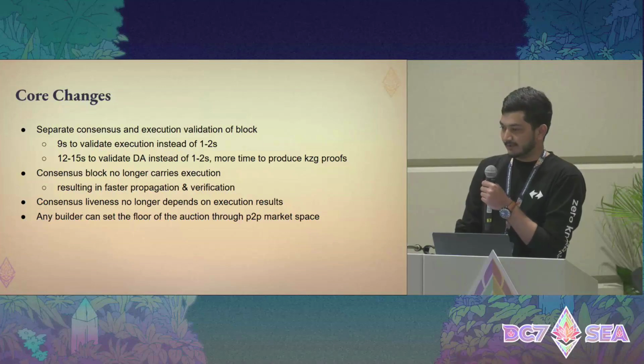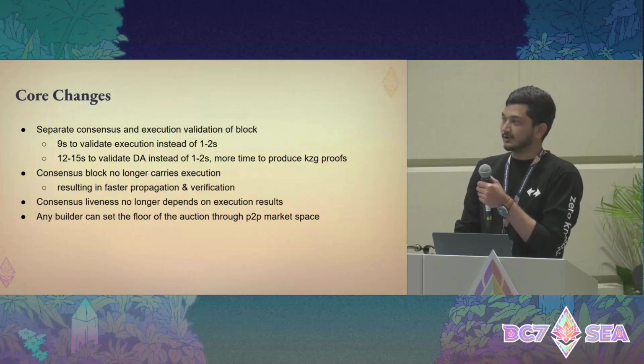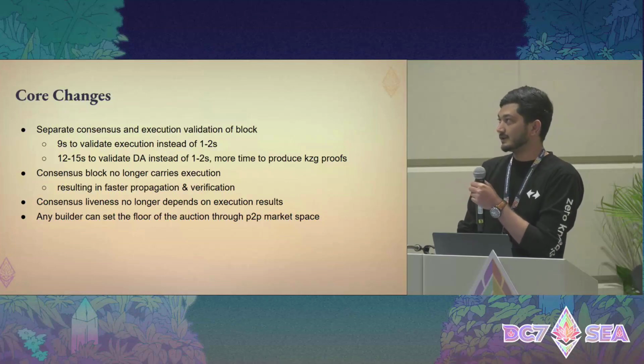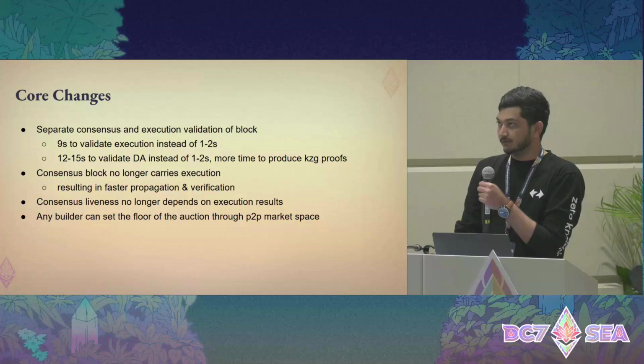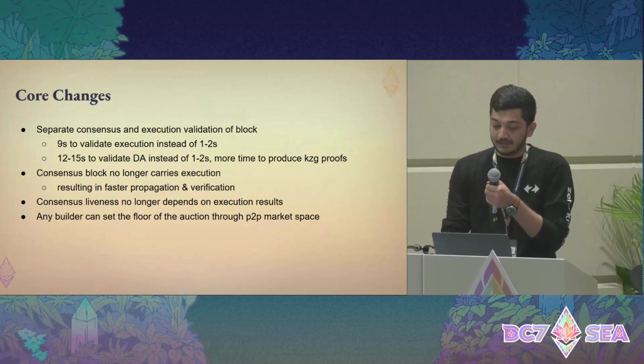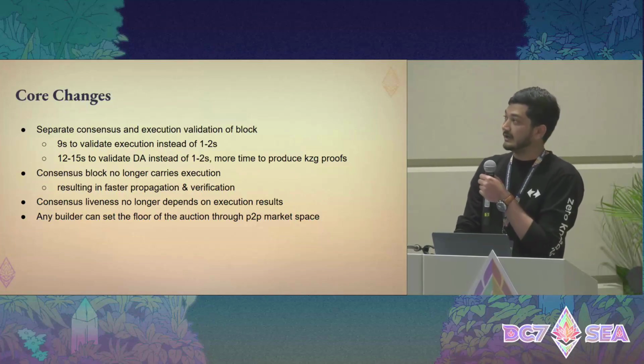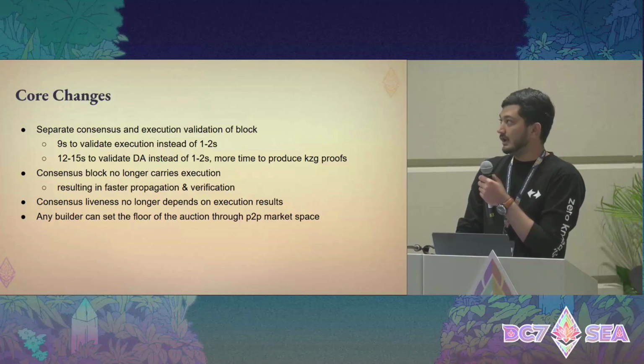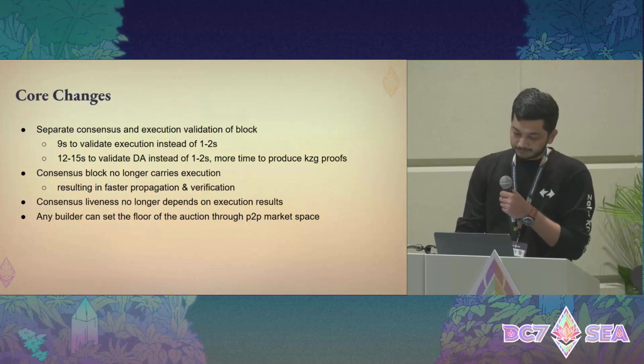For the first 3 seconds, proposers or validators can validate the consensus block, and the execution validation can be deferred to the first 3 seconds of the next slot. So you will get 12 to 15 seconds to validate DA instead of 1 or 2, and also more time to produce KZG proofs.